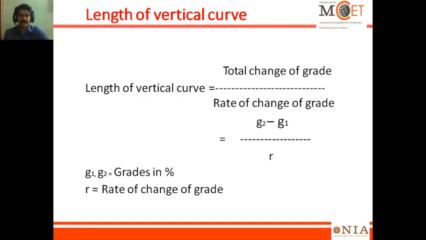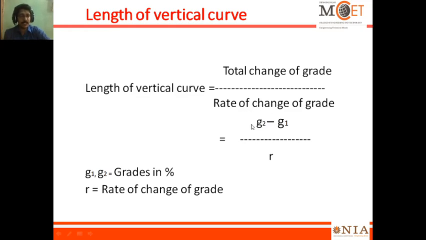The length of the vertical curve is equal to the total change of grade, that is G2 minus G1 or G1 minus G2, whatever the change of the curve. If it is a summit curve, G2 minus G1. If it is a valley, G1 minus G2.